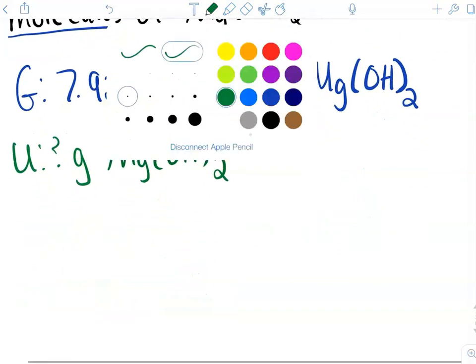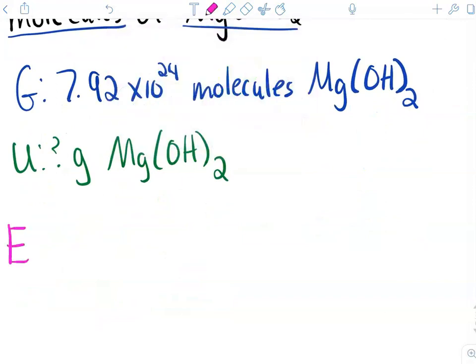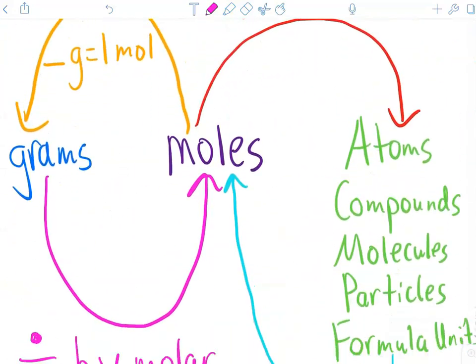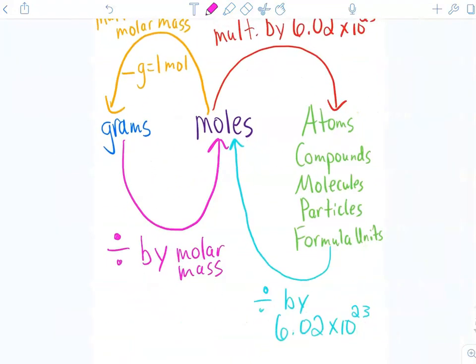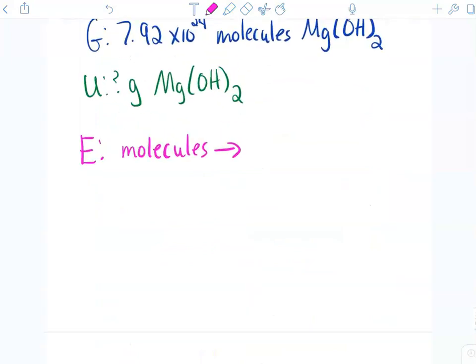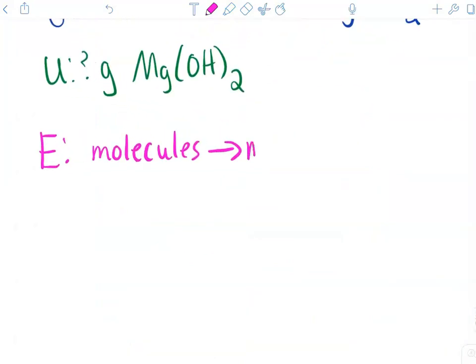Okay, and then our path. We start out with molecules. From there, if we start with molecules, we have to go to the mole. And whenever we do that, we're going to divide by 6.02 times 10 raised to the 23rd.